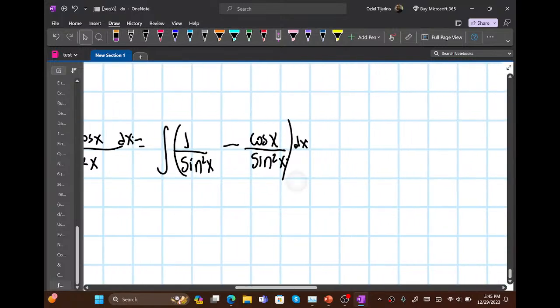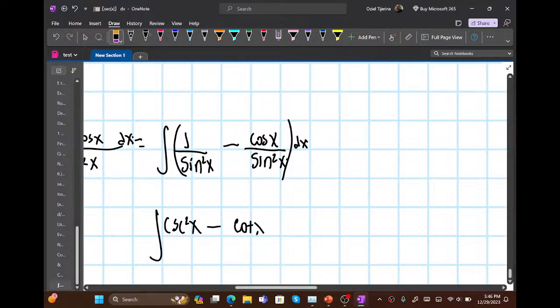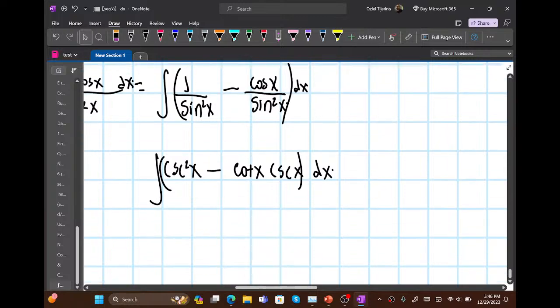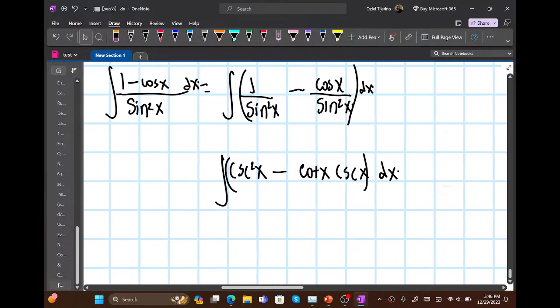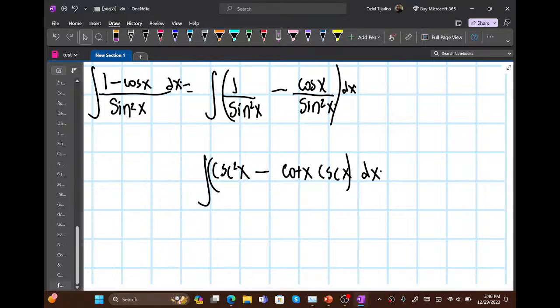And so then we're going to end up with the integral of cosecant squared x minus, it's going to be the cotangent x, cosecant x. Or no. No, yeah, I'm right. I think. Hold on. Where's my calculus book?